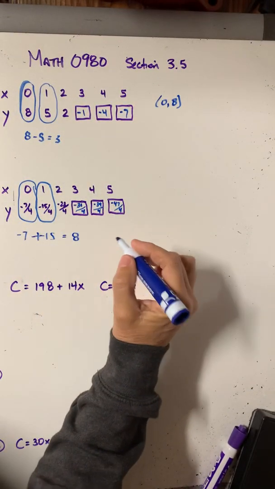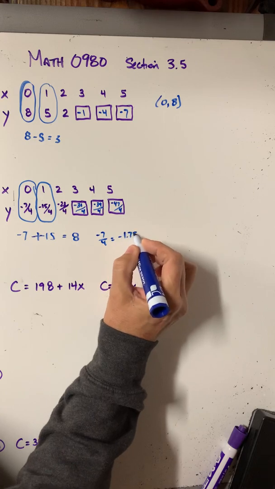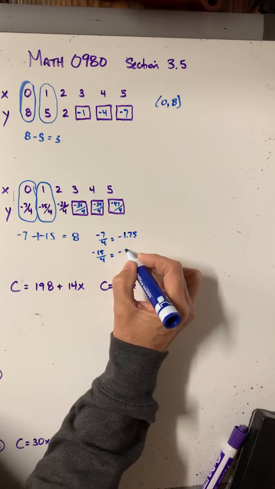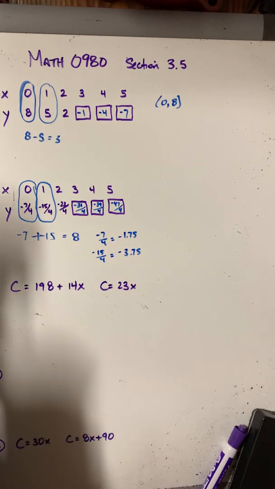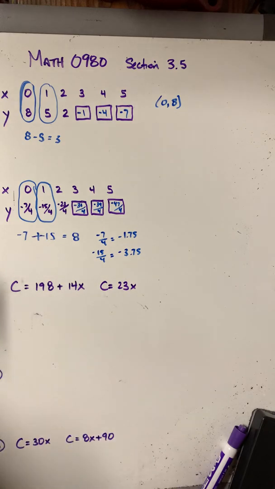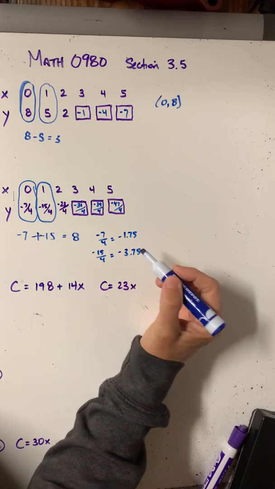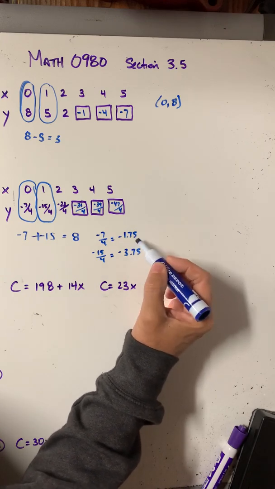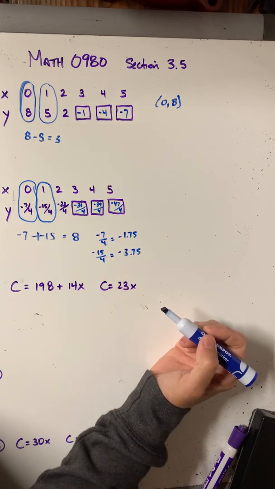So it turns out negative 7 fourths equals negative 1.75. Negative 15 fourths equals negative 3.75, which you could do on your calculator, 15 divided by 4. And I think that it's easier to graph if you have it converted to a decimal because we can conceptualize these quantities better than we can conceptualize the fraction quantities.